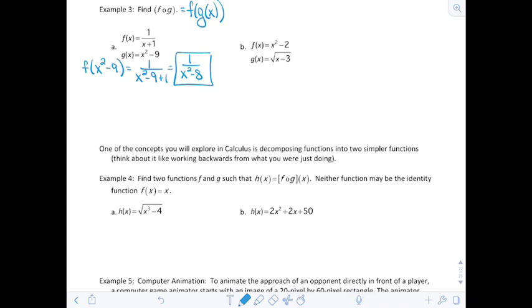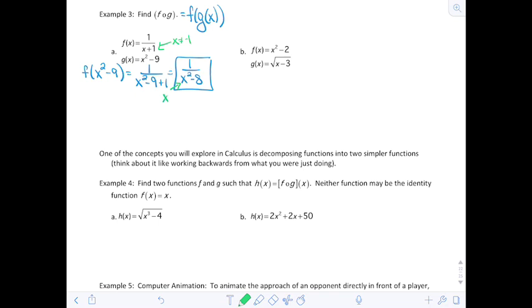Now, if you'll look, in the very beginning, in f, we were not allowed to have negative 1. There's a restriction there. And now at the end, once we've done the composition, we have x squared minus 8 in the denominator. So we need to see what makes it 0 there. x squared minus 8 equaling 0 gives me x squared equal to 8.